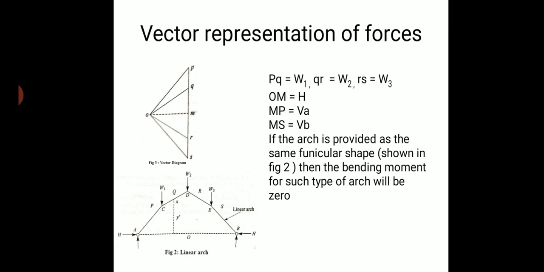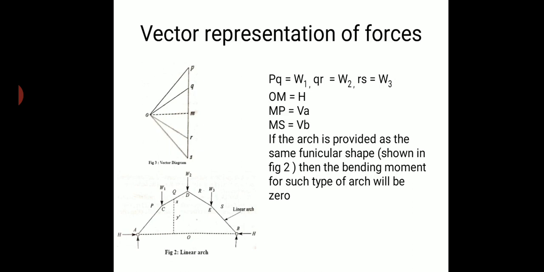I will repeat it once again. I consider a vector representation of the forces acting on an arch. PQ, QR and RS represent the vector magnitudes of the W1, W2 and W3 forces.